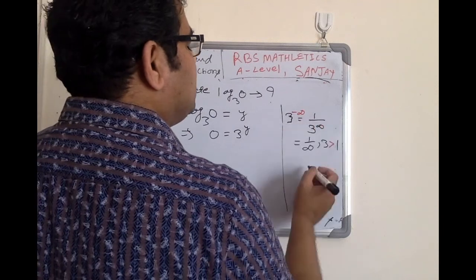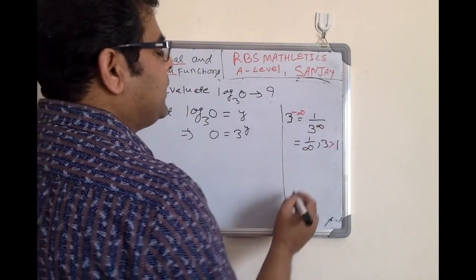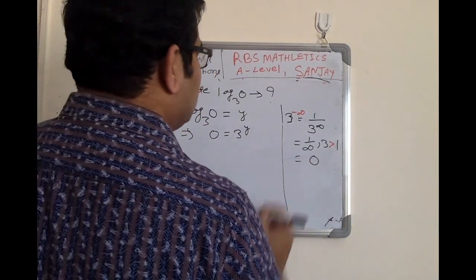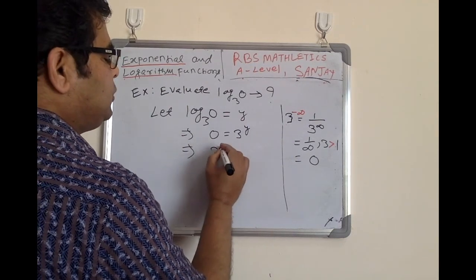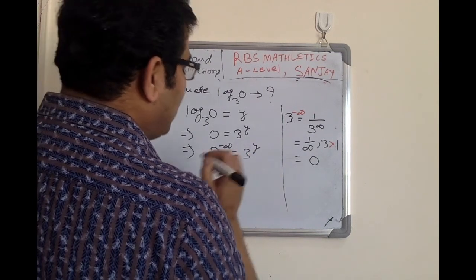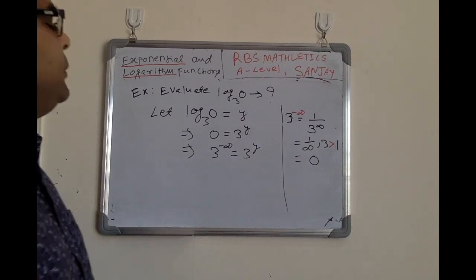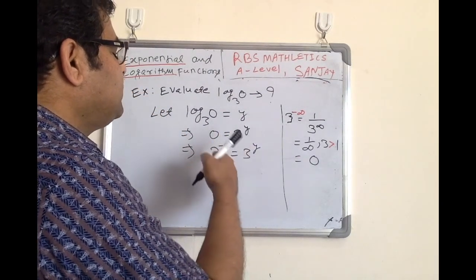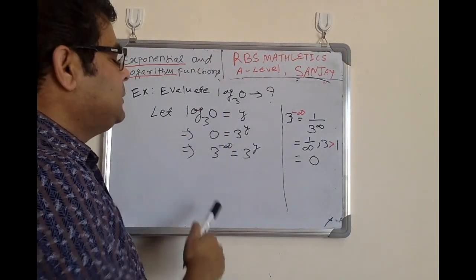So now it is 1 divided by infinity in place of 3 to the power infinity, and you know that any number divided by infinity is 0. So for 0 we can write 3 to the power negative infinity equals 3 to the power y. You can see why I have chosen only 3 here: the right side is 3, and we have to express this 0 on the left side in terms of 3 itself.